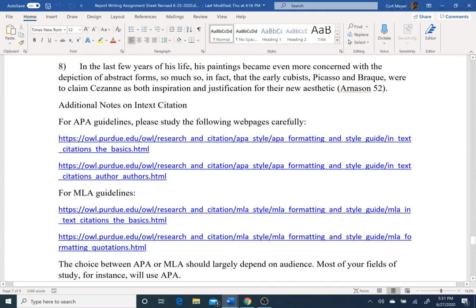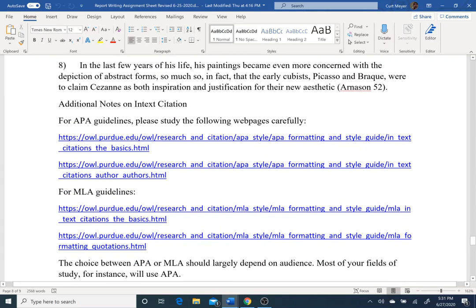Now, really important websites. Please look at these websites if you're doing either APA or MLA with regard to in-text citation. I personally don't know if I could explain it better than what they do.